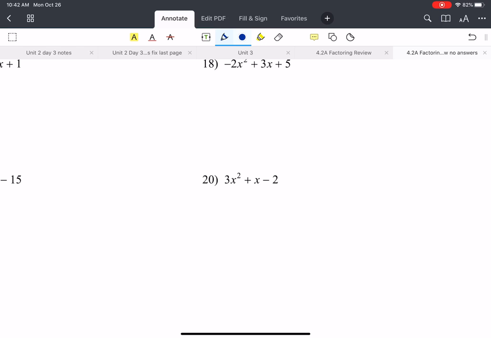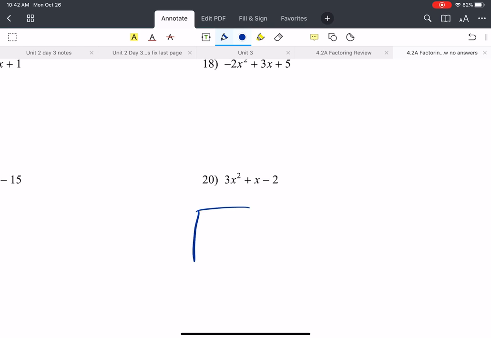Yes or no? I'm seeing a few people say yes, a few people shake their head no. Is there a number? Can I take 3 out? No GCF, right? So then that should click in my head, okay, if I can't get rid of the 3, which is in front of the x squared, that means that I have to do the box, okay?